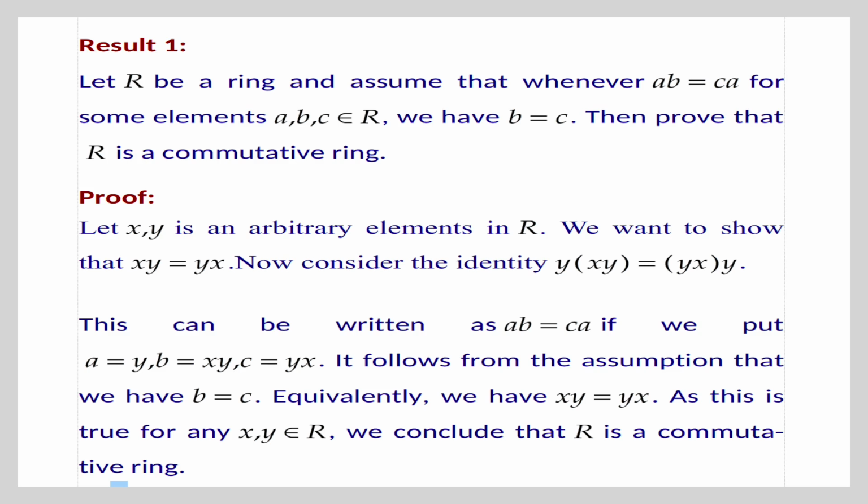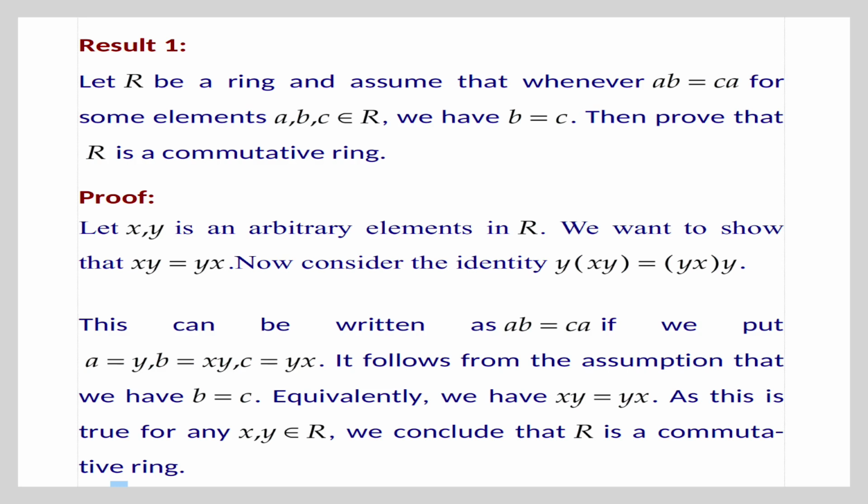Proof is, let x, y be arbitrary elements in R. We want to show that xy equal to yx. Now consider the identity y into xy equal to yx into y. This can be written as ab equal to ca if we put a equal to y, b equal to xy and c equal to yx.